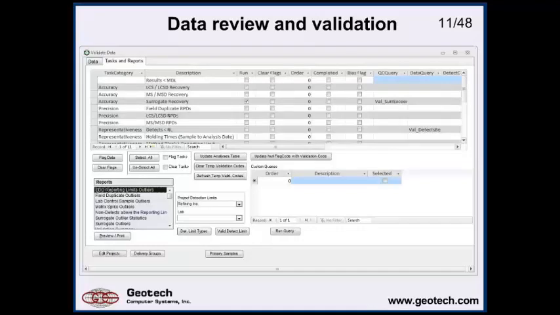Or you might go all the way up to a CLP level 3 National Functional Guidelines type validation. And actually level 3 is as far as you can go with the lab file. There is a level 4, but that requires taking the case narrative and doing things like reintegrating under the chromatograph curve and things like that.